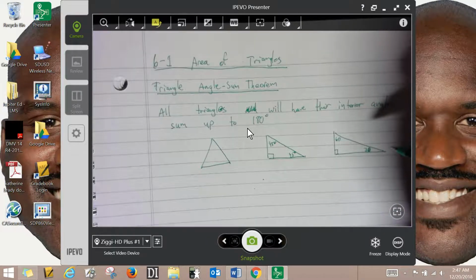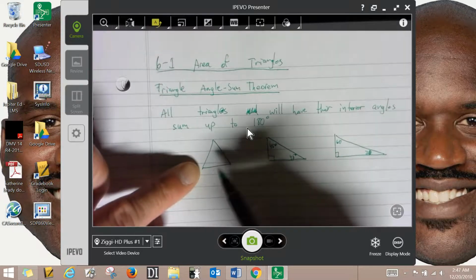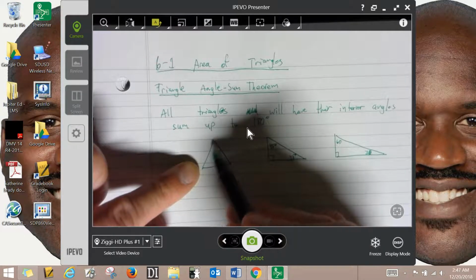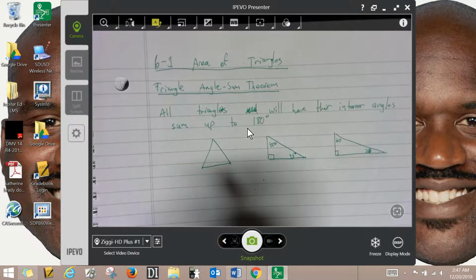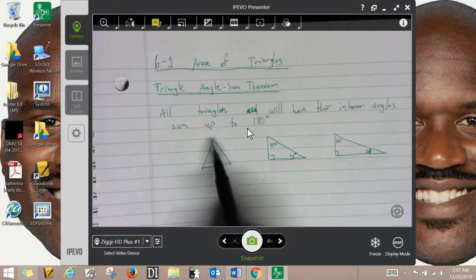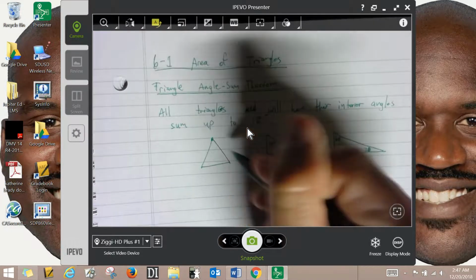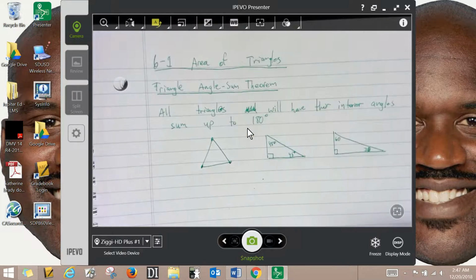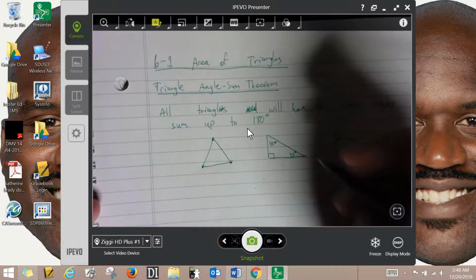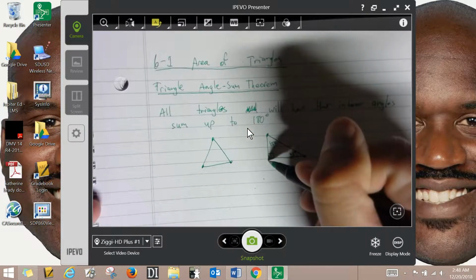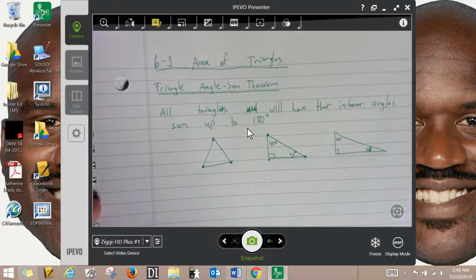It doesn't matter what triangle you draw, but if you have a protractor and you draw your lines perfectly straight, connecting and intersecting at perfect vertices, then you should measure that the angles add up to 180 degrees, any triangle.